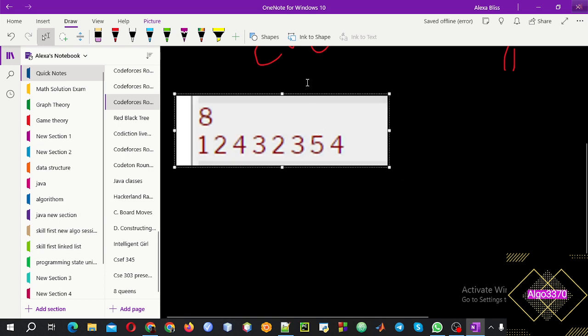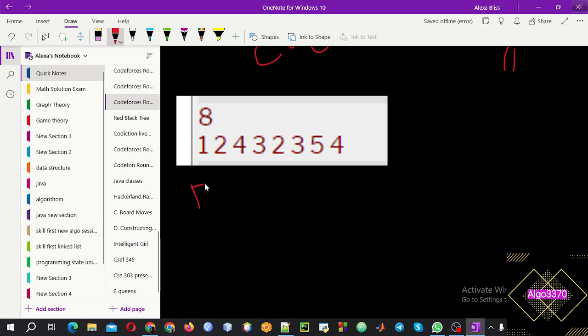We have an array of total 8 elements, and we have to divide these 8 elements into two portions such that the parity of the sum of the first portion and the parity of the sum of the second portion will be the same. This is our first portion, and this is our second portion.